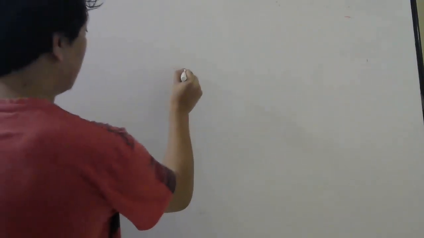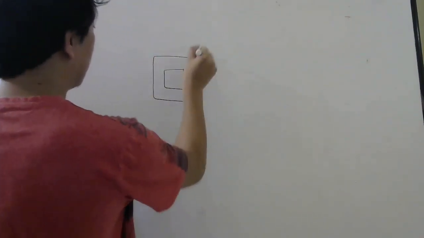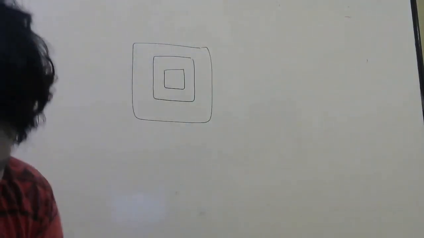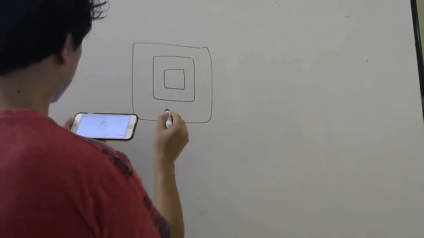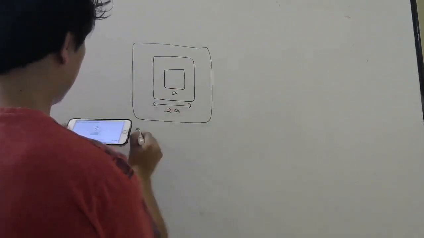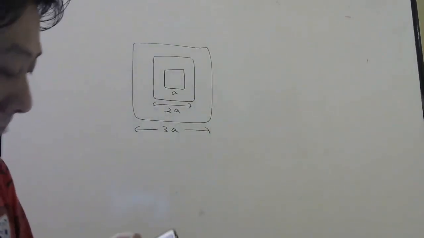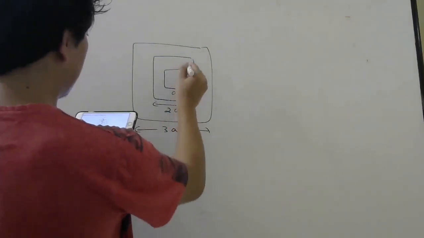So basically, if you look at the diagram, you will have one square here, then one more square here, then one more square here, like that. Forget about the gap. So if you forget about the small gap, you will find squares. The first one has side A, second one has side 2A, third one has side 3A, and it goes up to infinity. And current is flowing, actually, it comes like this.